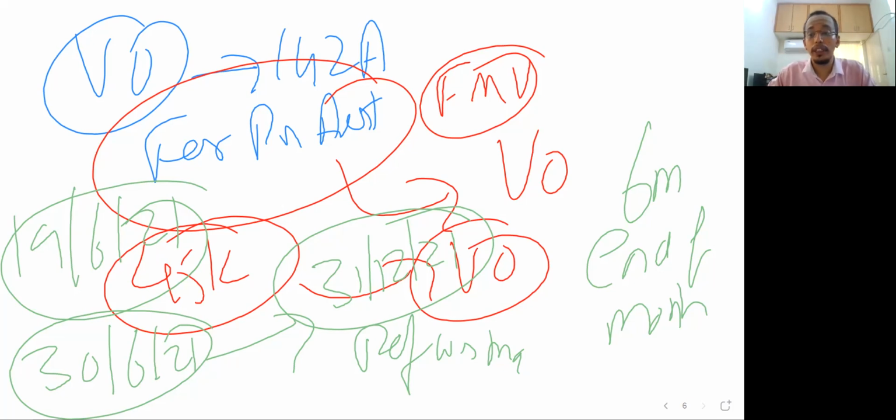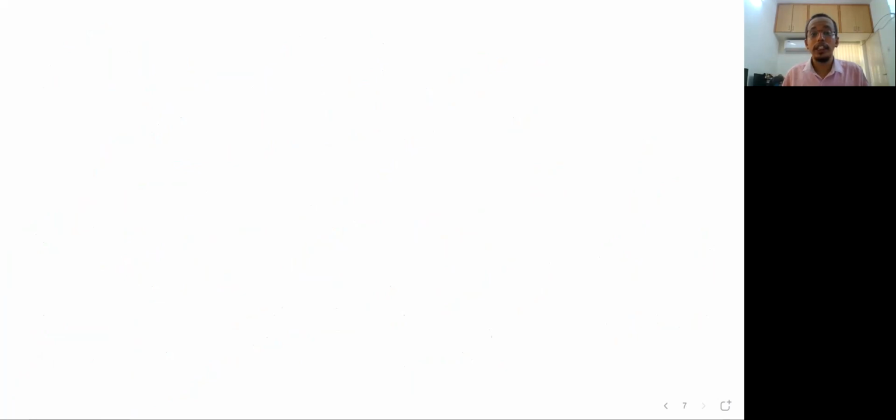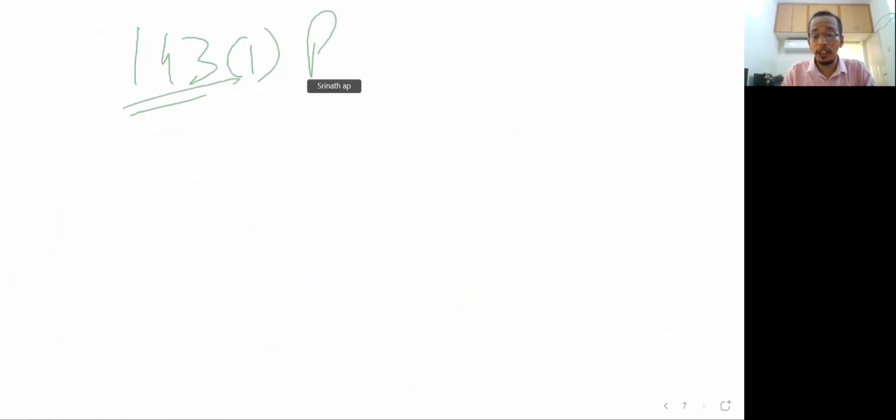So the next one that we need to understand is section 143(1), processing of income tax returns.